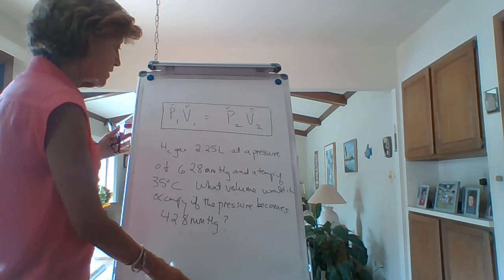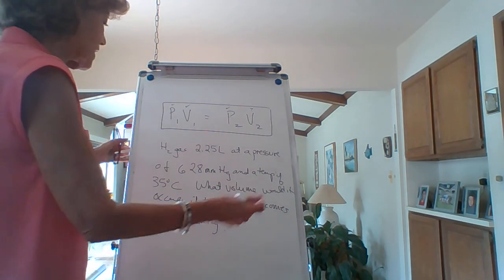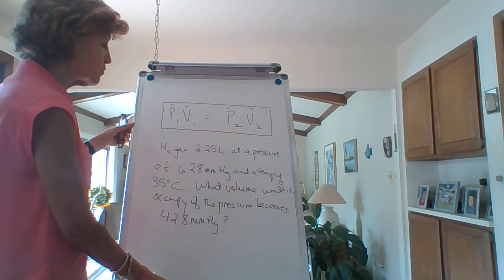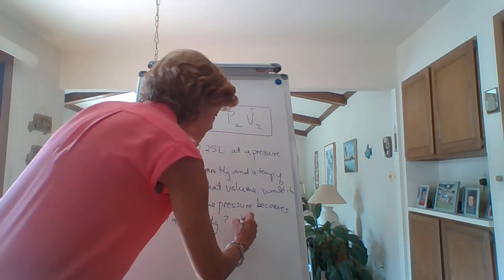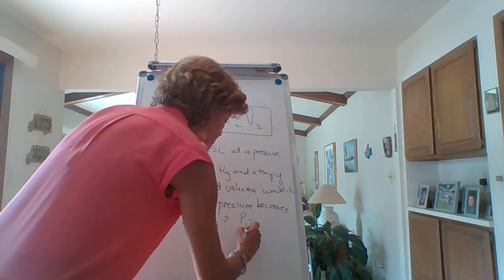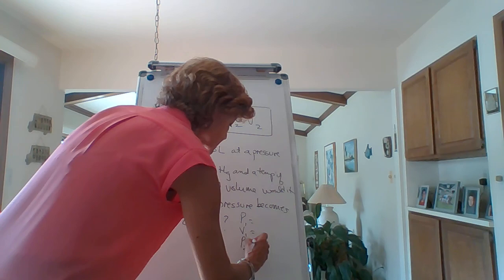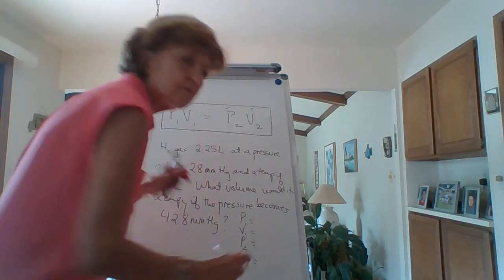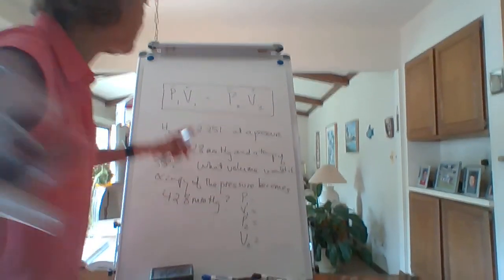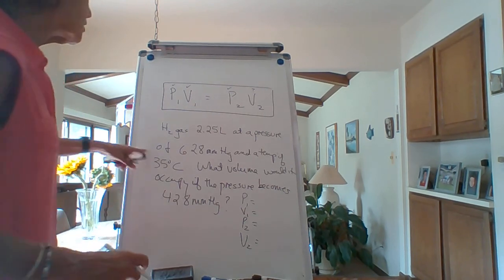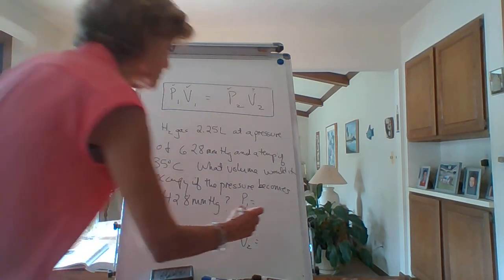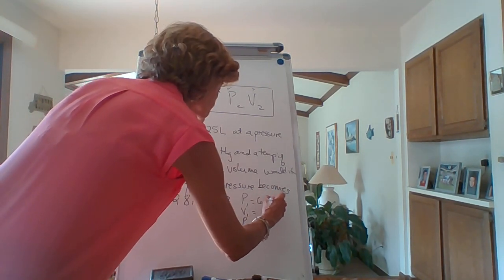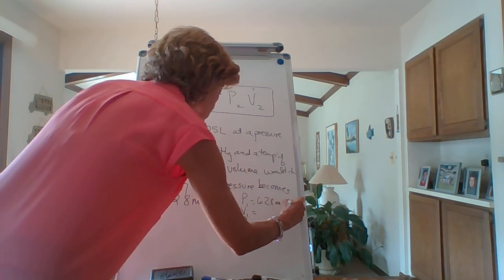Okay, so let's plug and chug here. What I usually tell students is write a little cheat sheet for yourself. Say, what is P1? What is V1? What is P2? What is V2? Okay, write down everything based on the problem. So P1, according to this problem, is 628 millimeters of mercury.